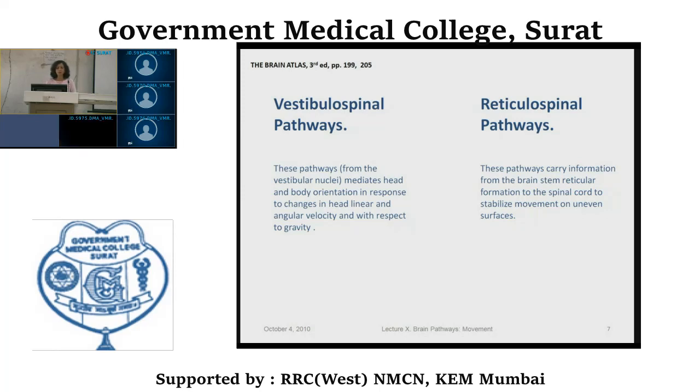The reticulospinal pathways arise from the reticular formation. The pathway which arises from the pontine nuclei is known as the pontine reticulospinal pathway. This pontine reticulospinal pathway is an excitatory pathway.